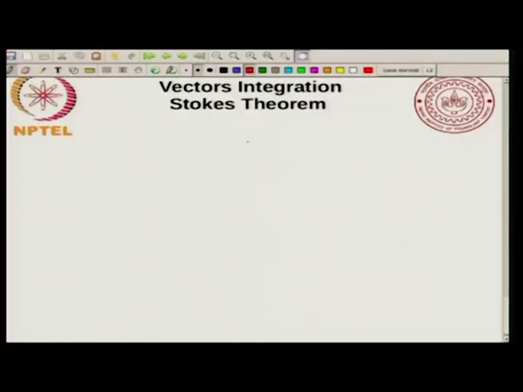So, in this case, suppose you had a vector field V, then you can write your integral over some curve, a line integral of V, in the following way. I'll just mention this again, what is C and what is V.